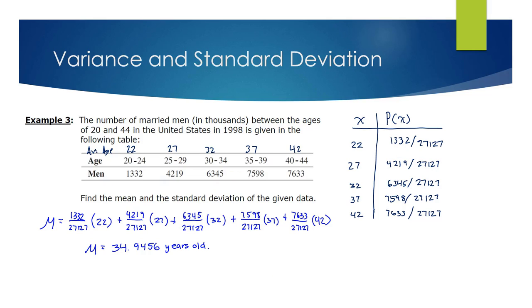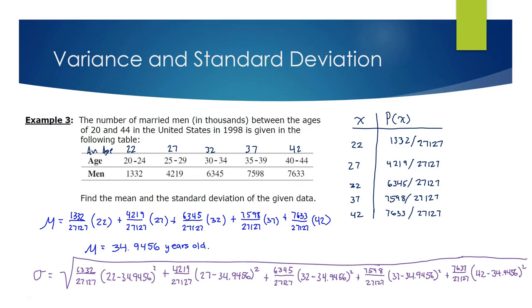Now, as far as the standard deviation goes, I'm going to take these same probabilities and these same values, but subtract the mean from them and square it, and then of course take the square root of that sum. I'm showing how to use the formula, and when I figure that out, the standard deviation is about 5.938 years.